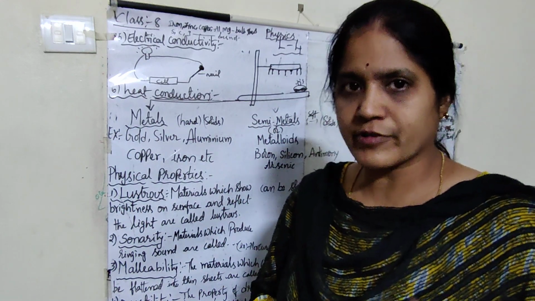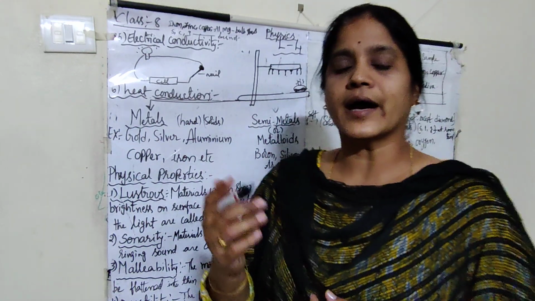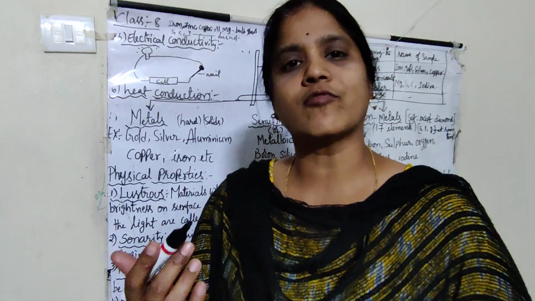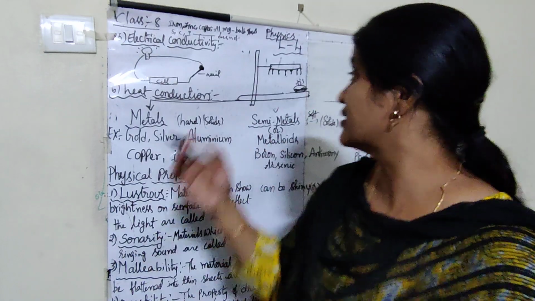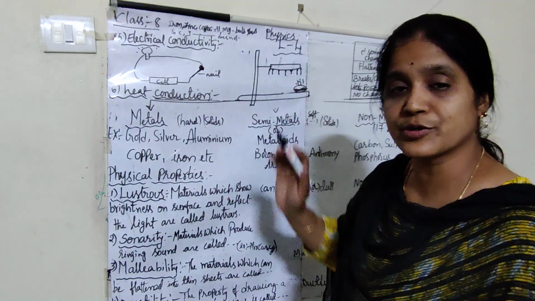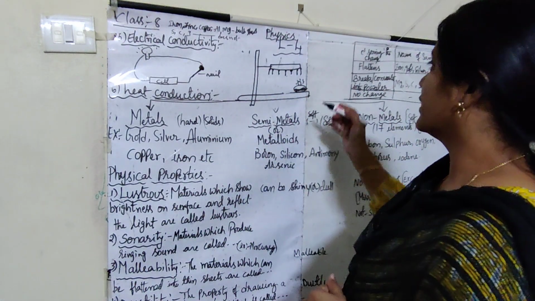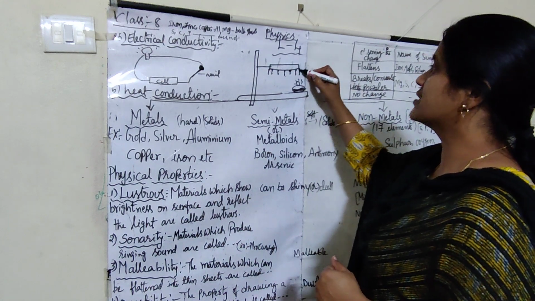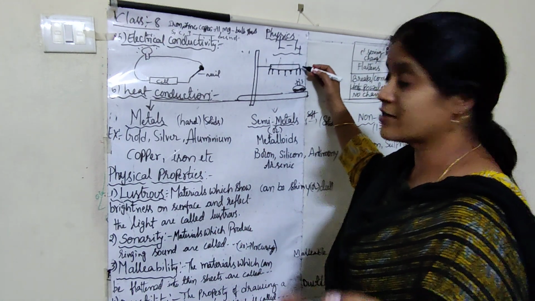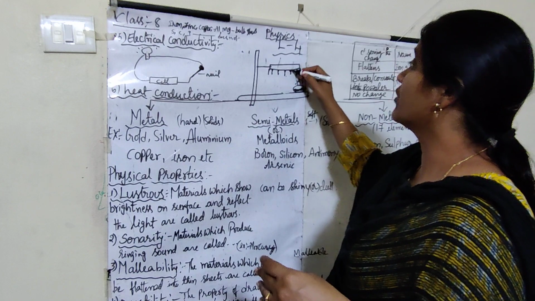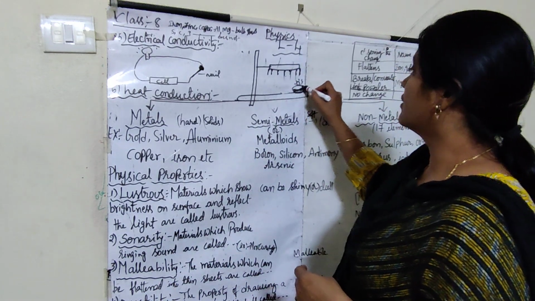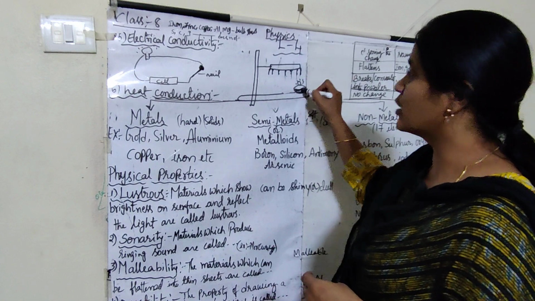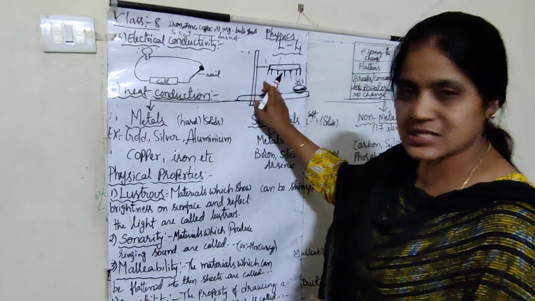After a few seconds, the iron nails are falling one by one. Which side of the nails are falling, this side or this side? Just observe that. Generally from this side the nails are falling one by one. Actually you kept the flame at one side, you did not keep it on this side.